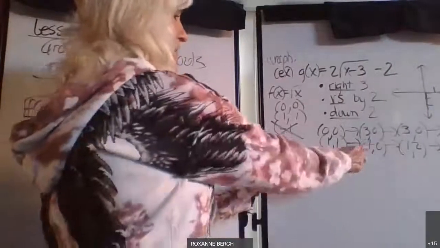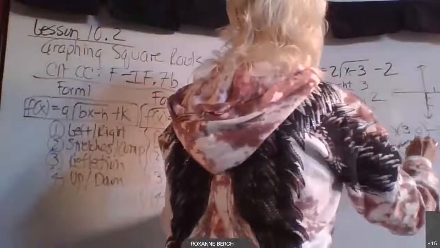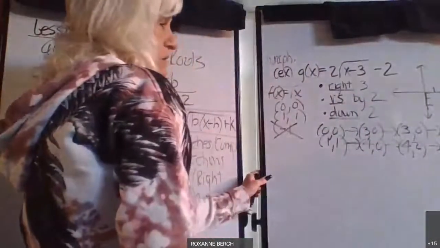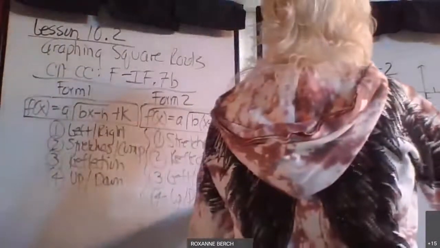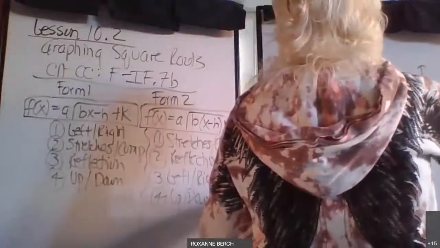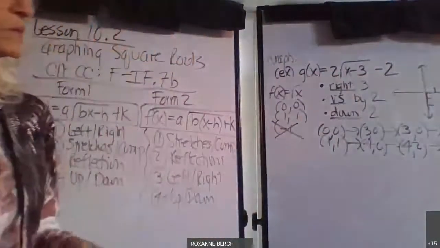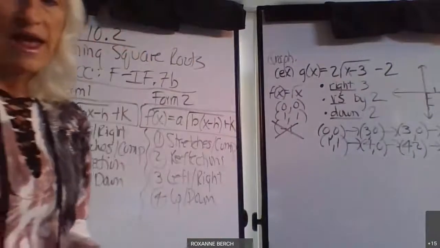Right 3, vertical, oh, it's right here, 4. I'm writing a bunch of weird numbers. Down 2. So is it 4, 0? That looks better. Then you go off to the right. Is that right now or no?